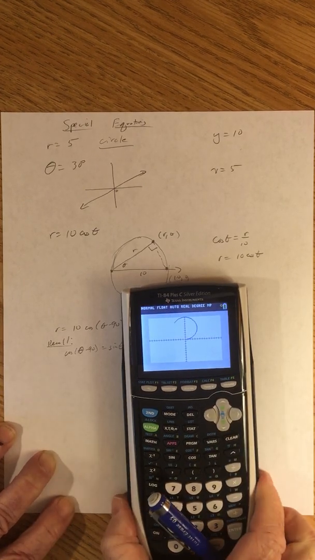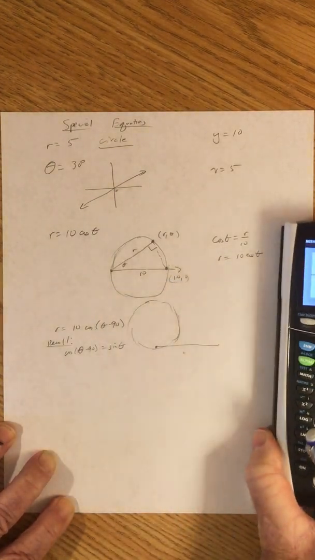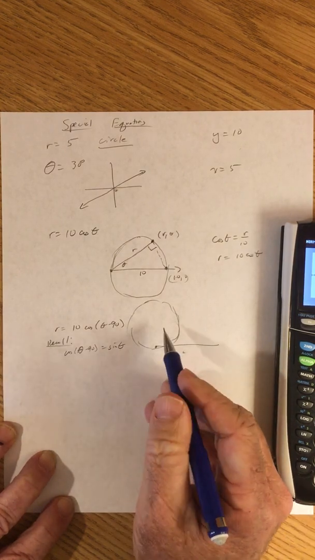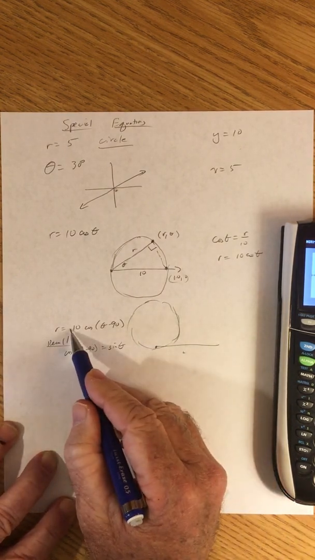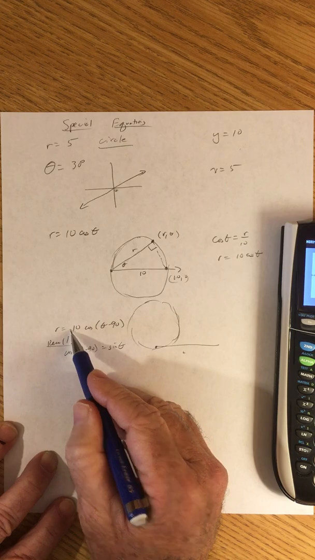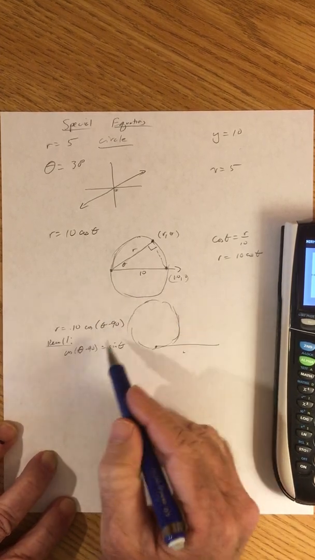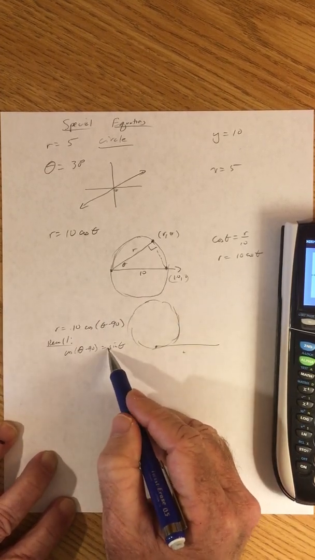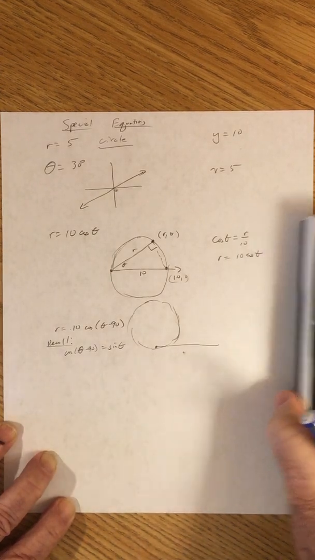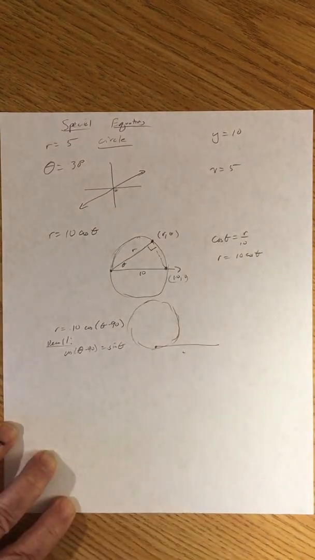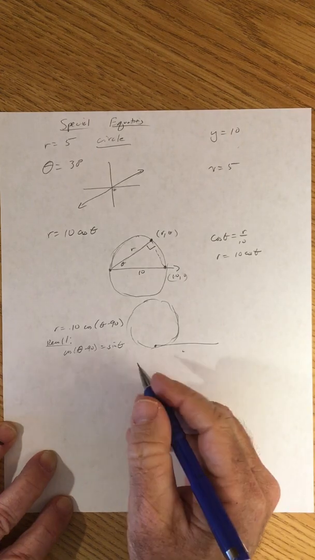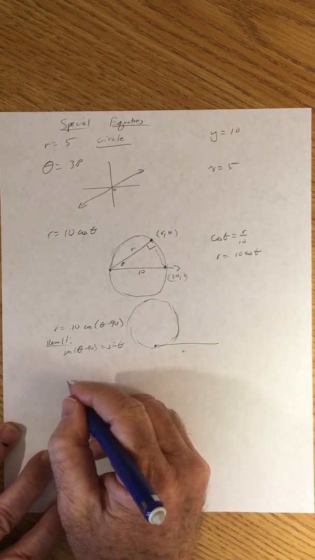Same thing, by identity. Now, if I put a negative in front of this thing, it's going to be down instead of up, and I could put a negative here, and it would be down instead of up. Okay. All right.